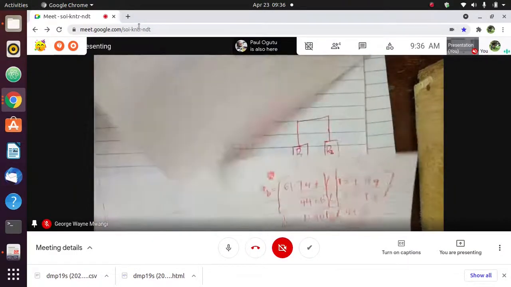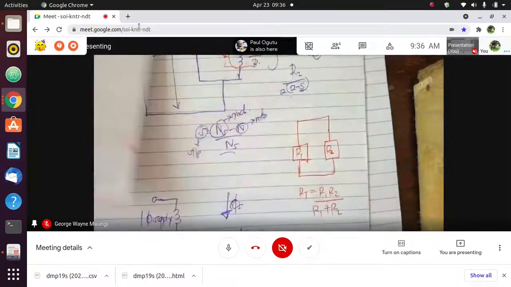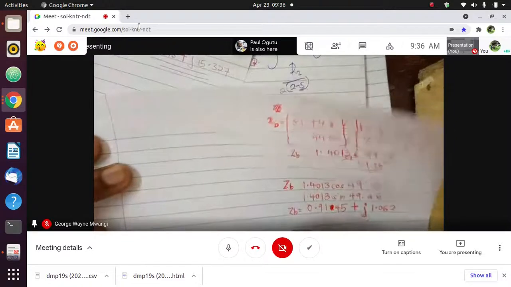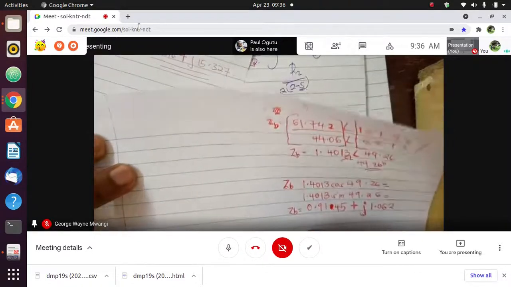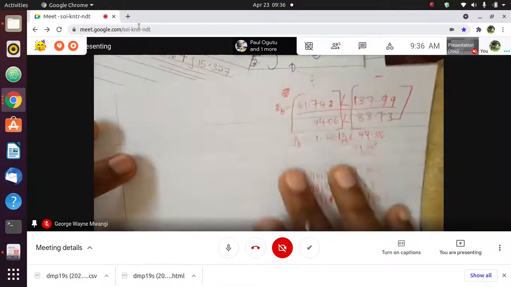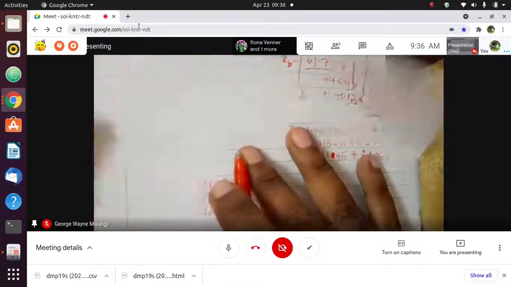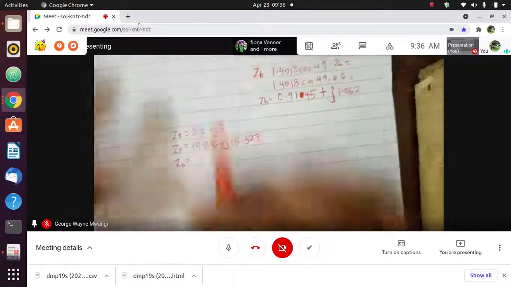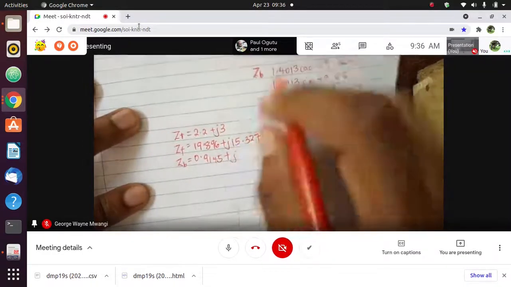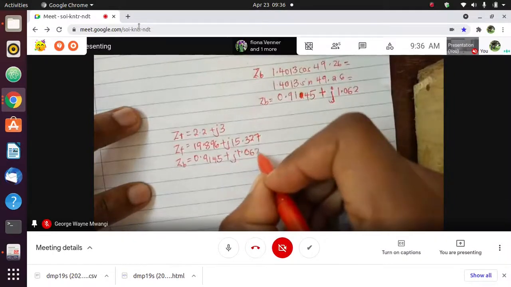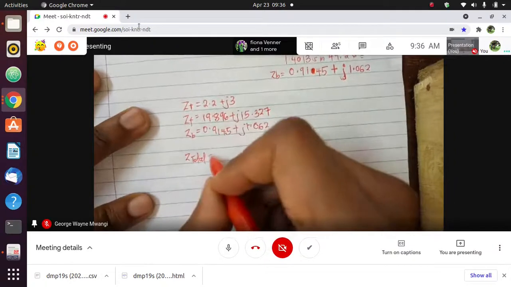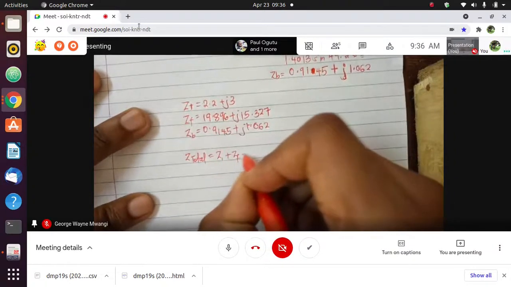ZF we found as 19.896 plus J15.327, and our ZB we found correctly as 0.9145 plus J1.062. Now Z total will be Z1 plus ZF plus ZB.